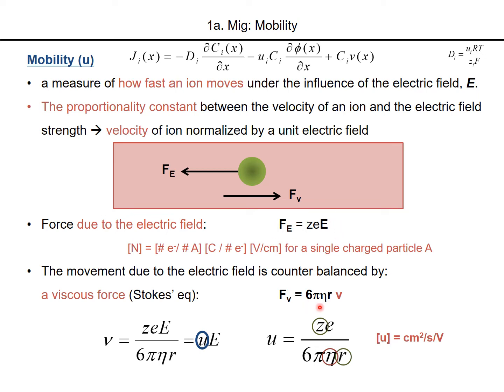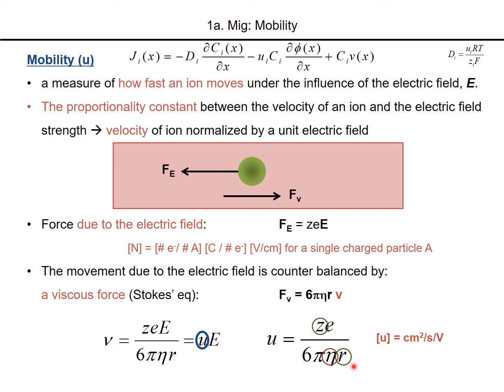Then by reshuffling this force balance equation, we could describe the velocity by the other terms. And here is the result equation. Velocity is something like that times the electric field. It means this group of parameters is going to be the mobility. So again, mobility is proportional to the charge, and inversely proportional to the size of the charged particle.